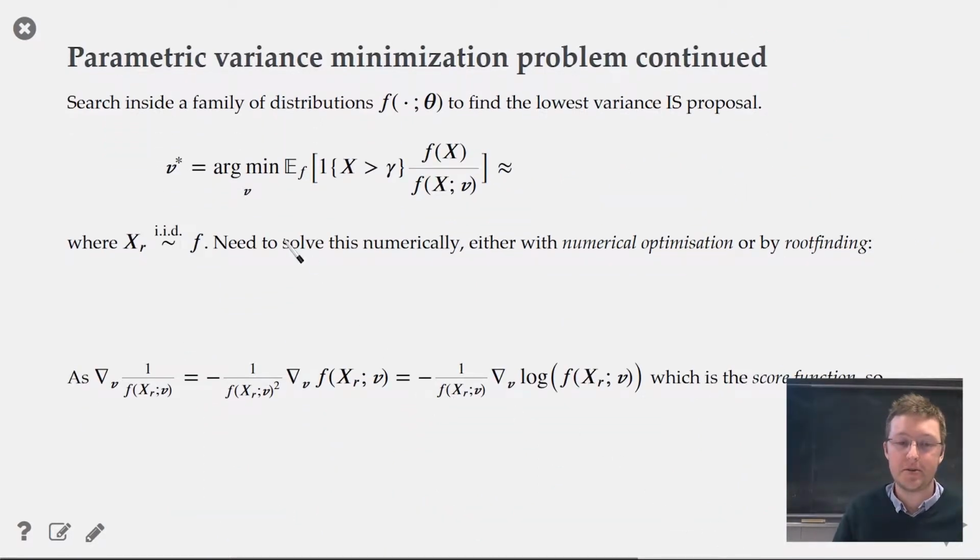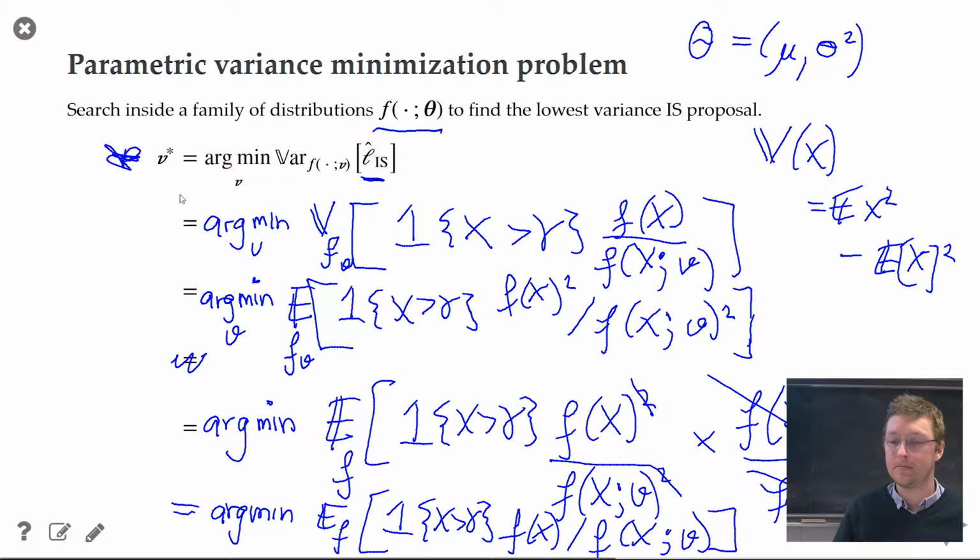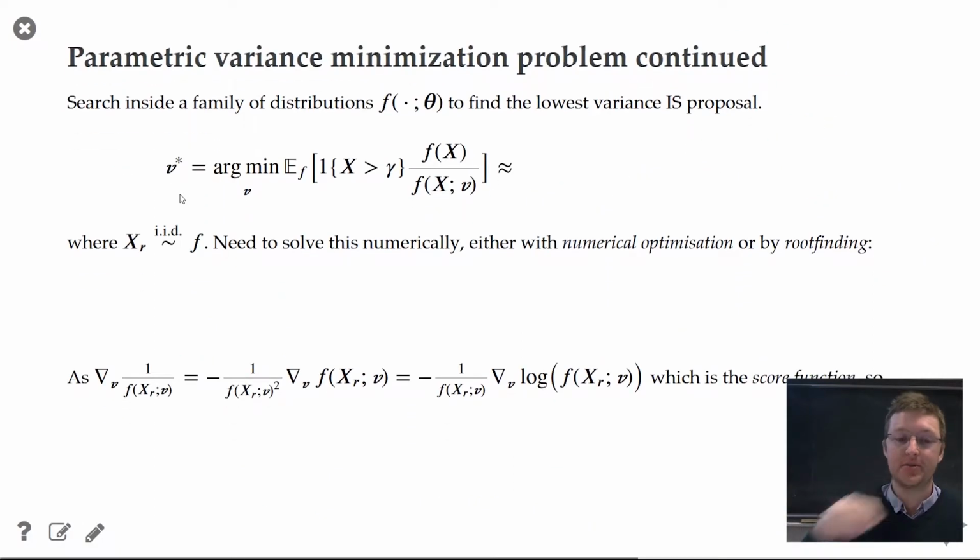So I've just copied that across. So that's what my terrible handwriting was trying to say. So we're looking for the v star, which minimizes the variance of importance sampling inside this family of distributions.